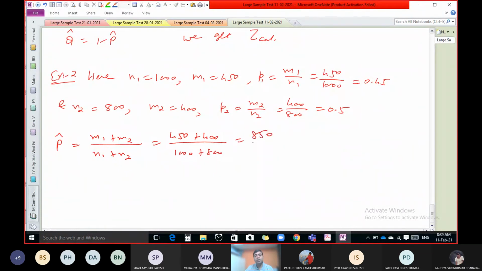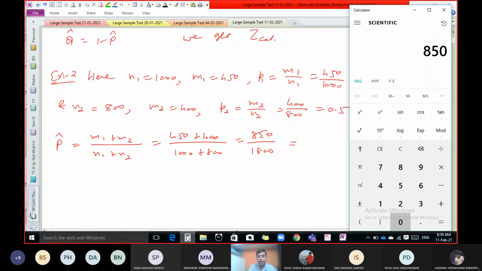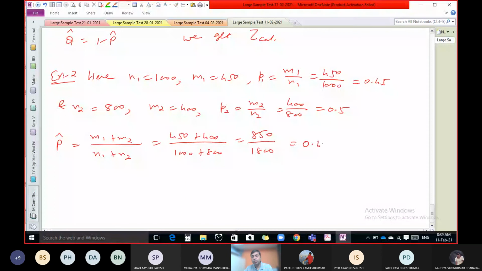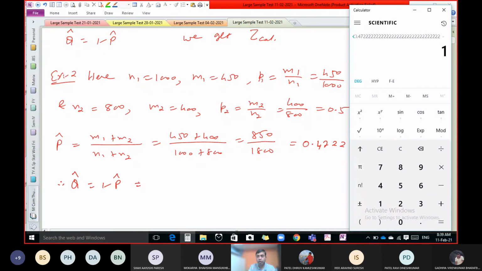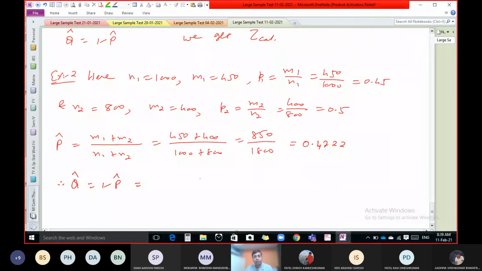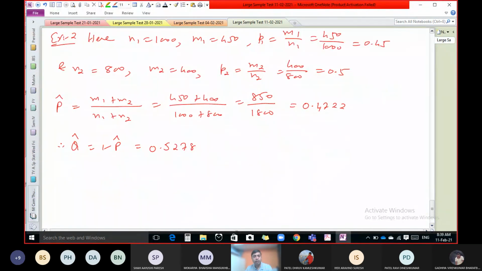So we get 850 here and 1800 here. 850 divided by 1800, we get 0.4722. So what is Q cap? 1 minus P cap. Subtracting from 1, we get 0.5278. So now P cap and Q cap are available.